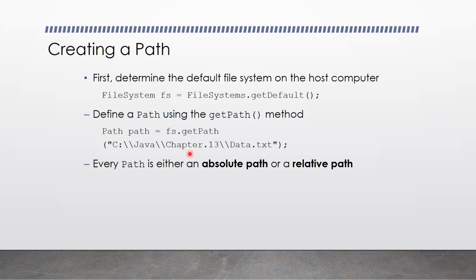by the way, every path is either absolute or relative. Absolute is a complete path. It does not need any information to locate a file on a system. A full path, such as this one, is an absolute path.